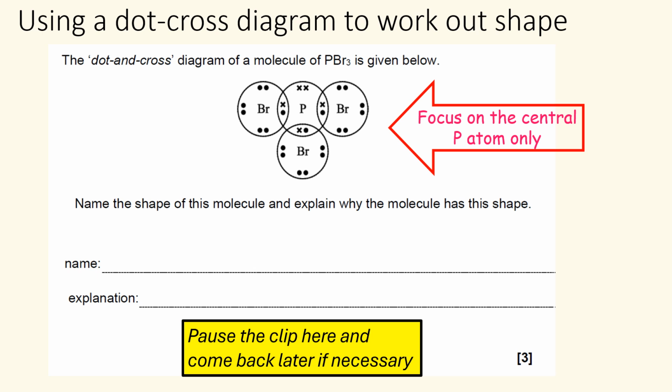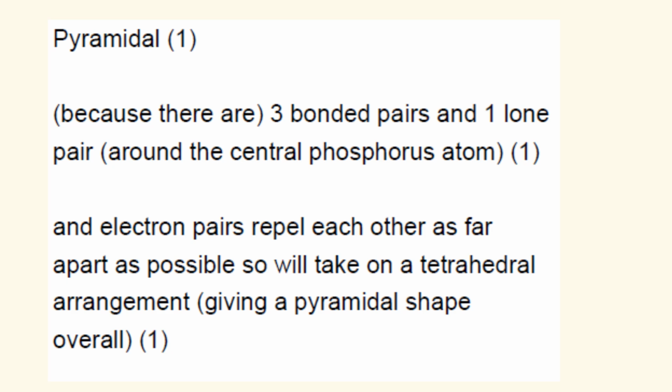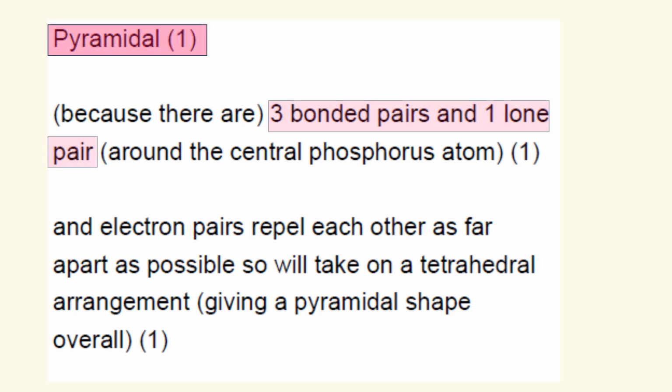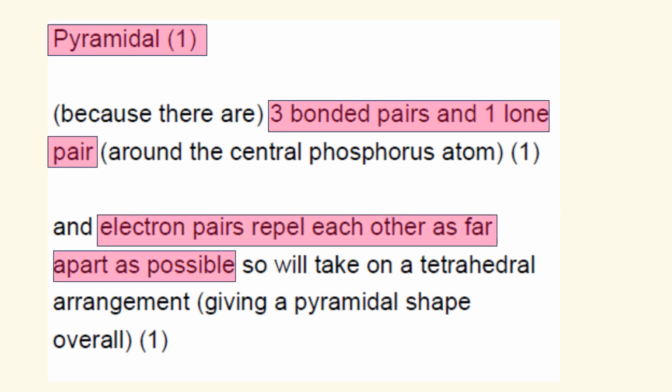Okay, I'm assuming you've hit the pause button for a couple of minutes there and had a go at this. Welcome back. So obviously on the phosphorus you've got three bond pairs, one there, and one there, and one lone pair over here. So that should lead to trigonal pyramidal. Now the things that need to be included in your answer, I would say, are in pink.